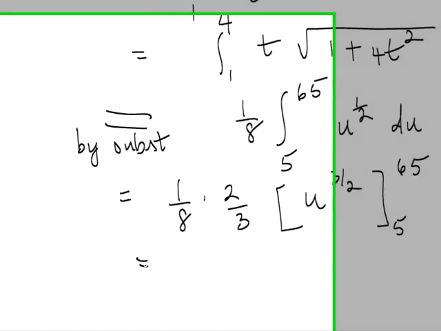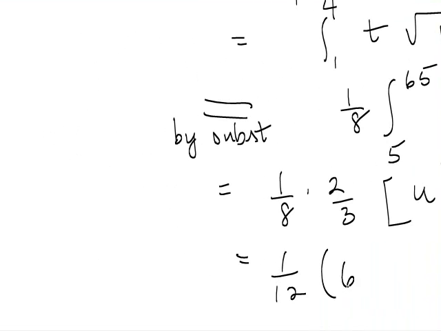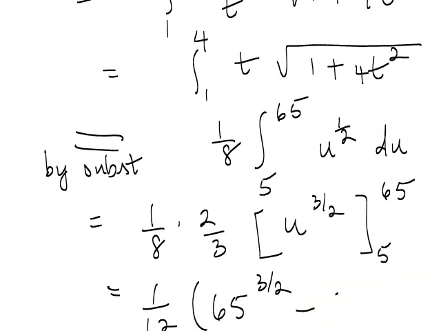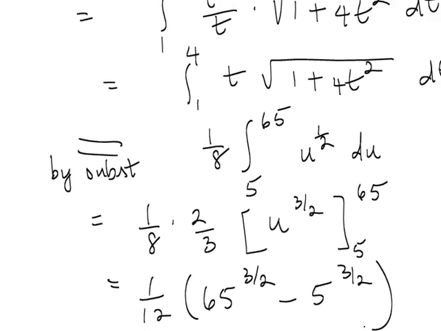Which is equal to 1/12 times (65 to the 3 halves minus 5 to the 3 halves). So that's the mass. Okay. So this is just an application. Any questions?